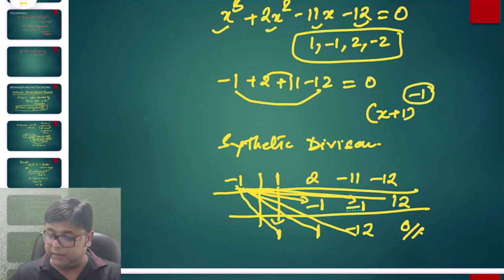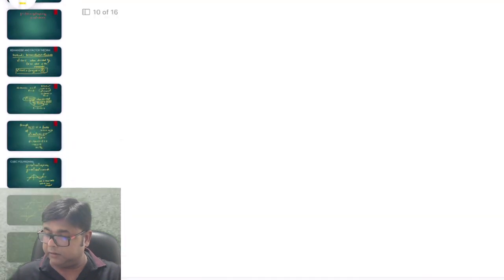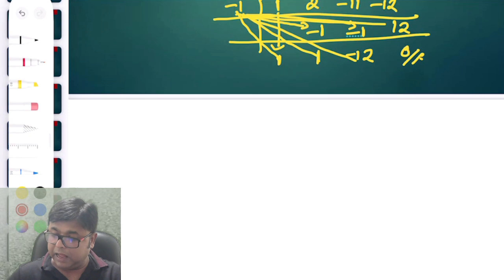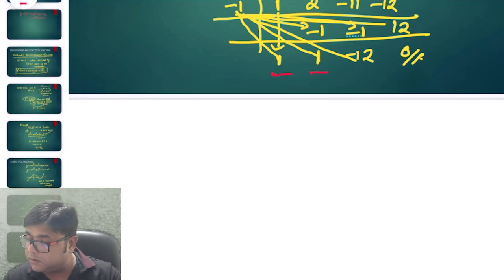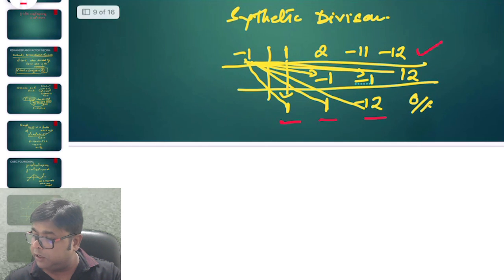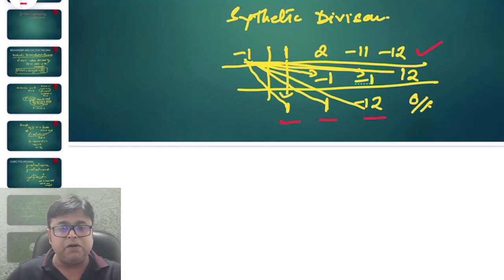So by doing this, I have obtained these three values. On the top, the coefficients were of the cubic, and these are the coefficients of the quadratic, the other factor of this cubic.